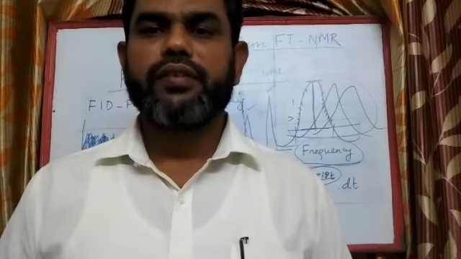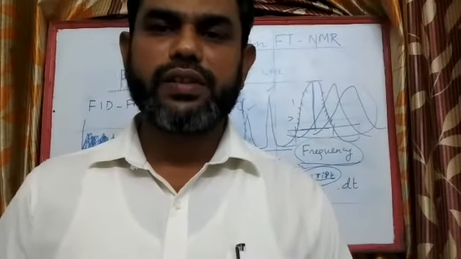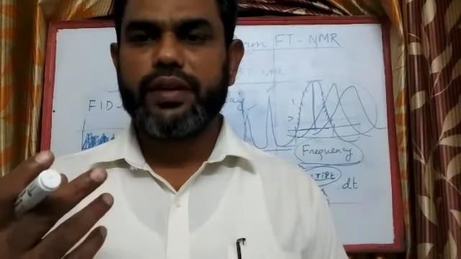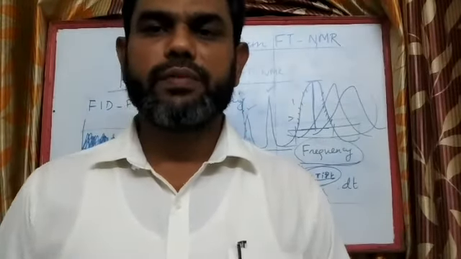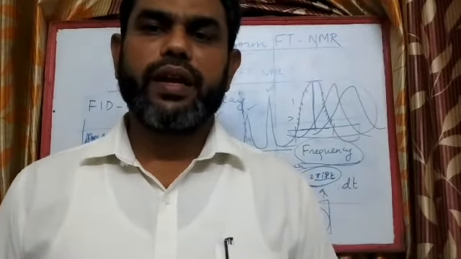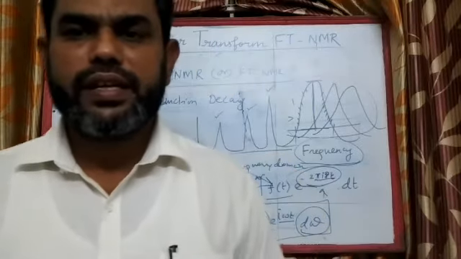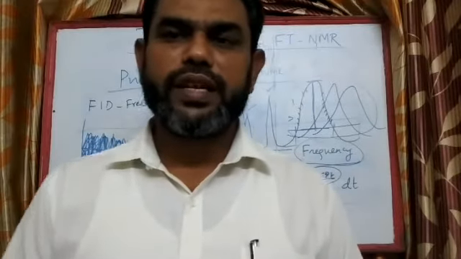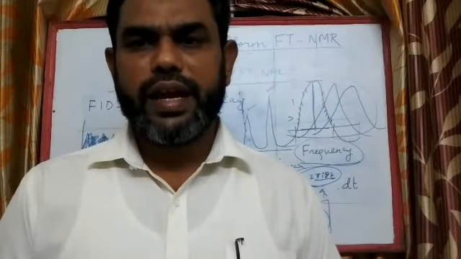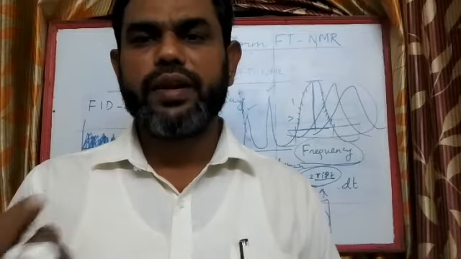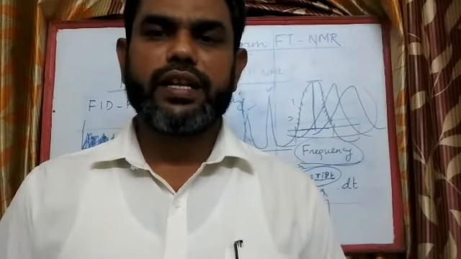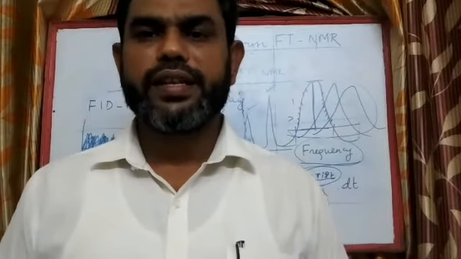Even very dilute concentration solutions can be measured and their NMR recorded with the help of this FT NMR. The very advantage of the technique is it doesn't take much time. In a few microseconds or a few hundred milliseconds, the excitation takes place and the recorded spectrum can be obtained instantaneously.